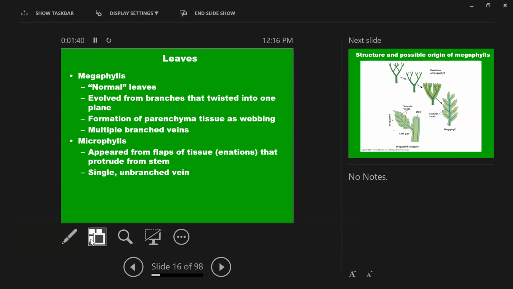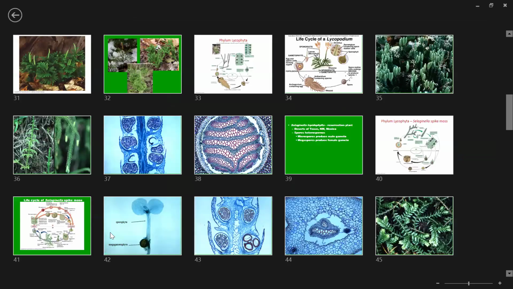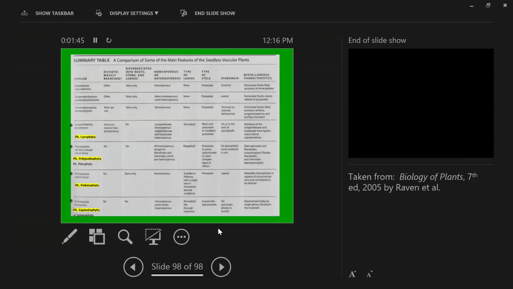And then if you look at the chart, where they talk about whether there are any leaves or not, for Lycophyta, that's a microphyll.